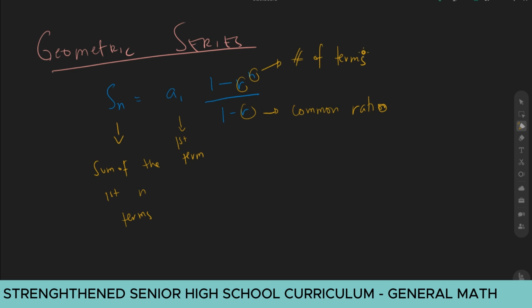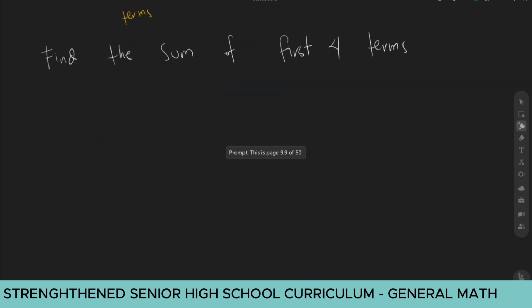Now let's proceed with an example. For example, find the sum of the first four terms. The given is 2, 4, 8, 16.